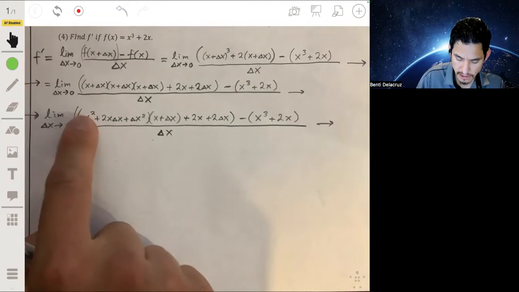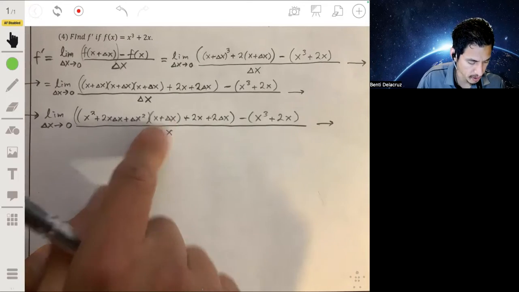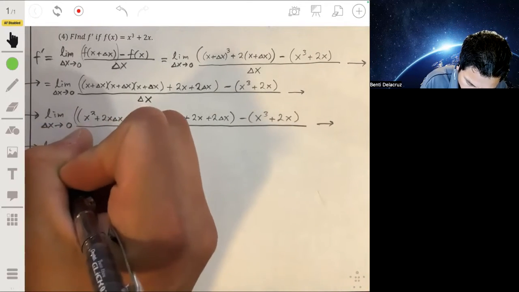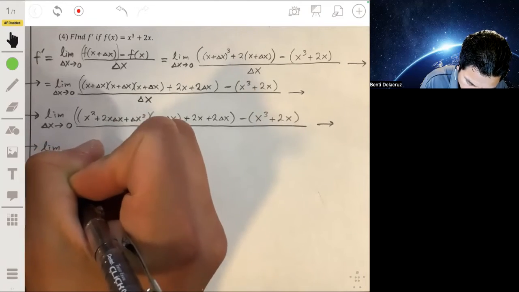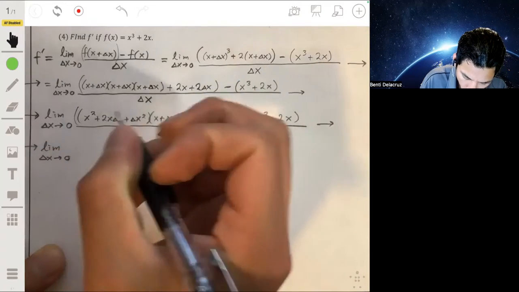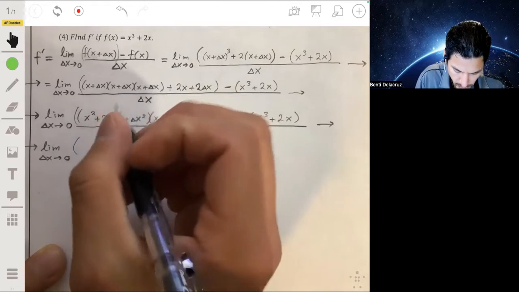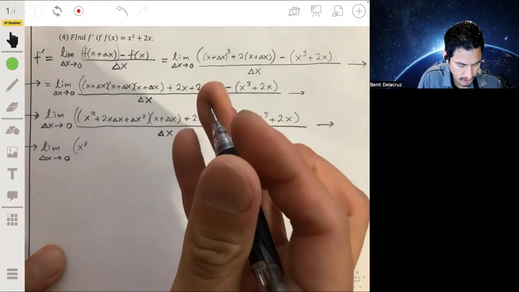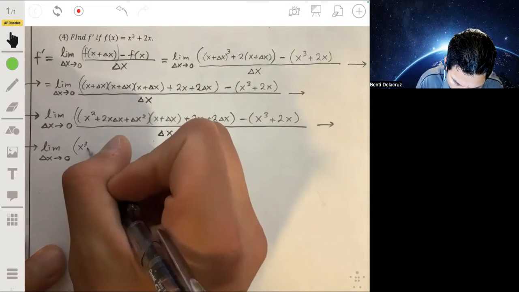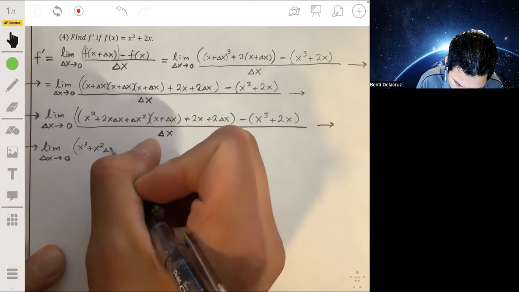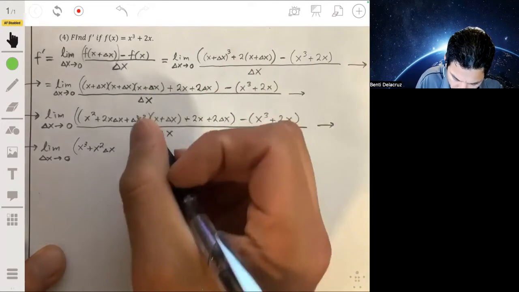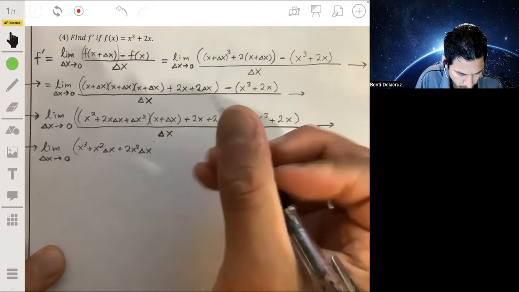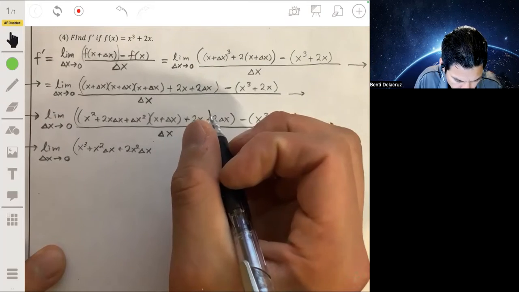All right, then multiplying this trinomial by this binomial, the limit as delta x goes to 0, we should get x cubed plus x squared delta x plus 2x squared delta x plus 2x delta x squared.